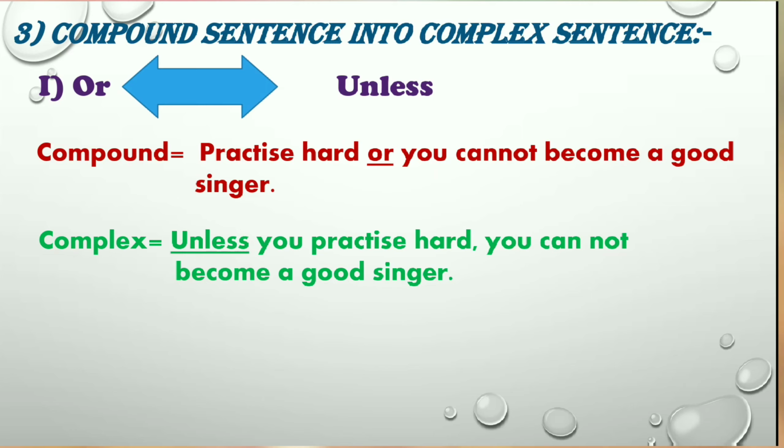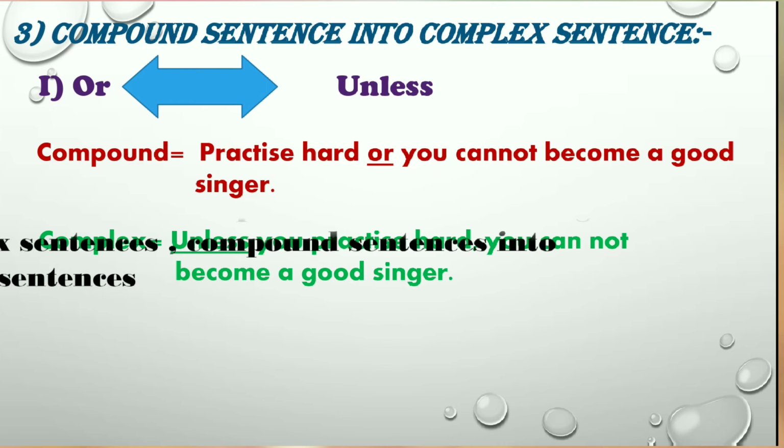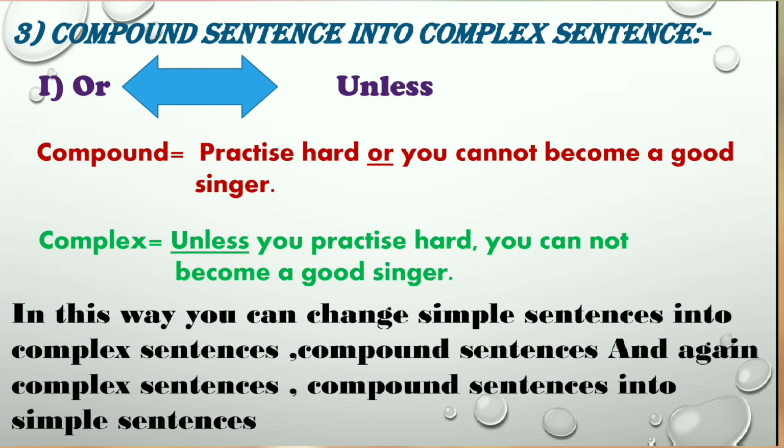Friends, these are the ways to make or transform a compound sentence into a complex sentence. You can also use the same things to transform a complex sentence into a compound sentence. In this way, you can change a simple sentence into a complex or compound sentence, and again a complex and compound sentence into a simple sentence.